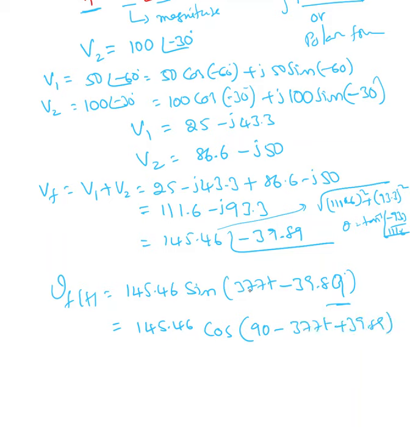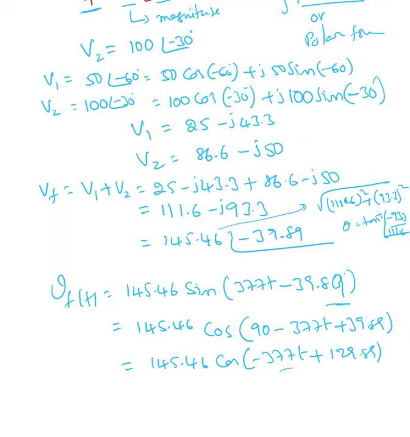Minus will become plus inside, so we end up with 145.46 cos minus 377t plus 129.89.